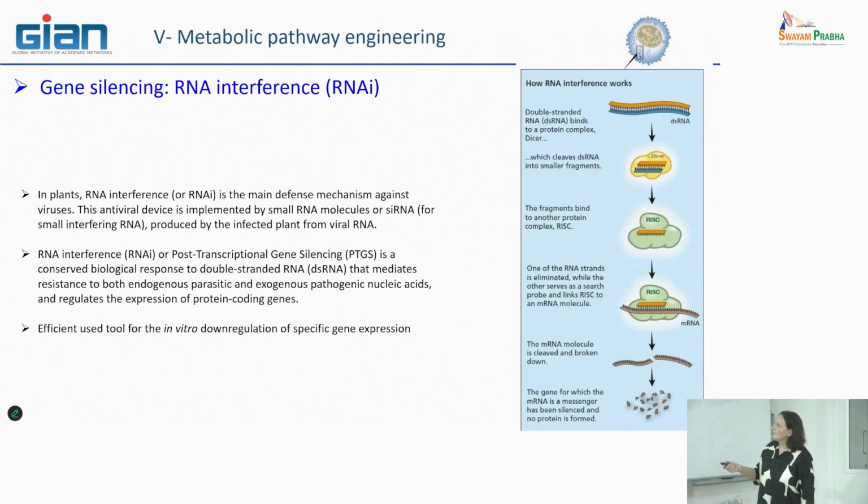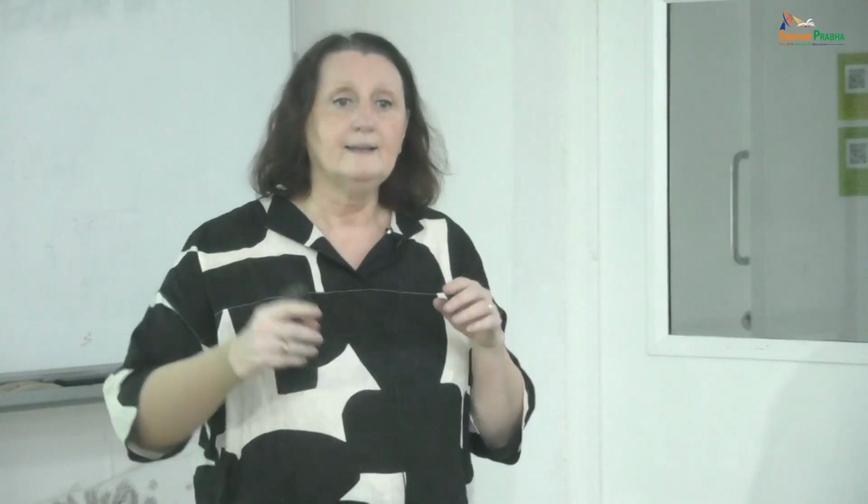This complex is able to attach to different mRNAs that share the complementary sequence of the small RNA that is attached to the complex. So they are able to check all the mRNAs, and when they find the complete hybrid mRNA, they stop and they are attached.